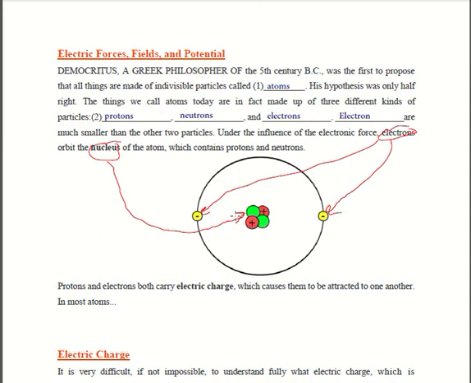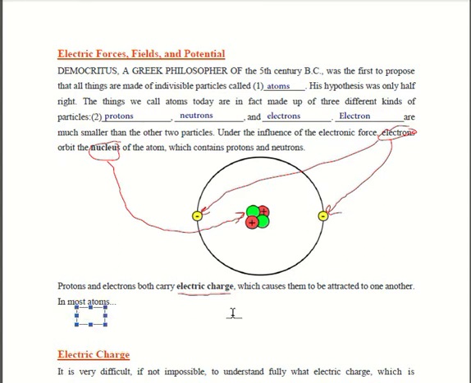So you can see in the red and yellow there are signs. So that tells us that protons and electrons carry an electric charge. So the plus and the minus are used to represent that electric charge, and that's what causes them to be attracted to each other. So in most atoms, you're going to have the same number of protons as you do electrons.